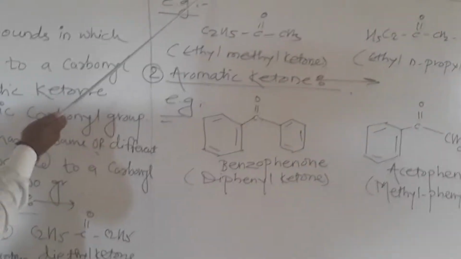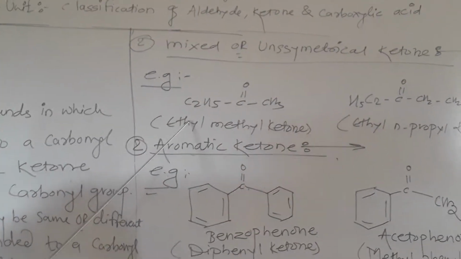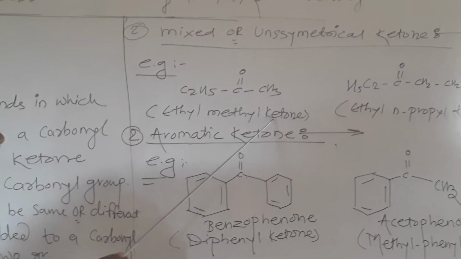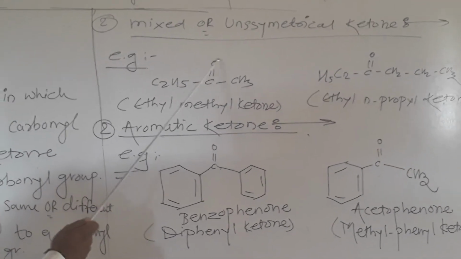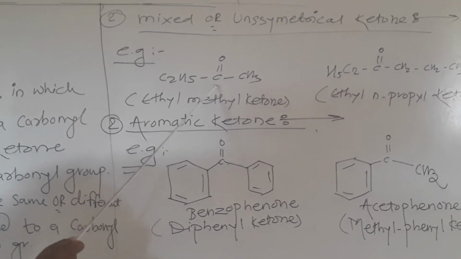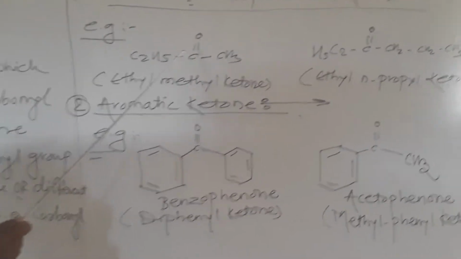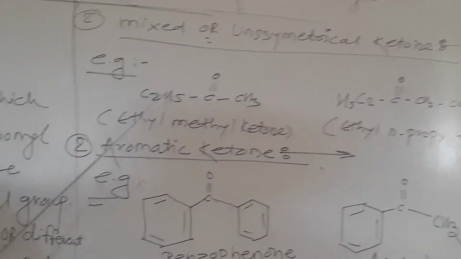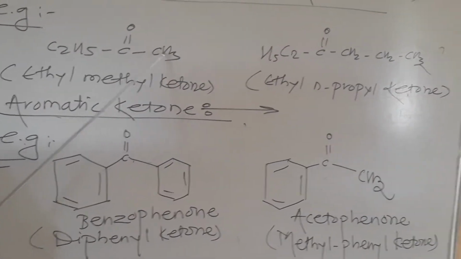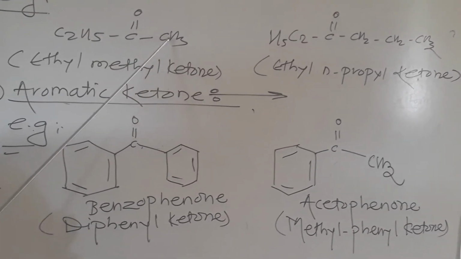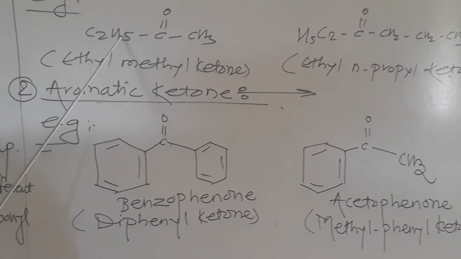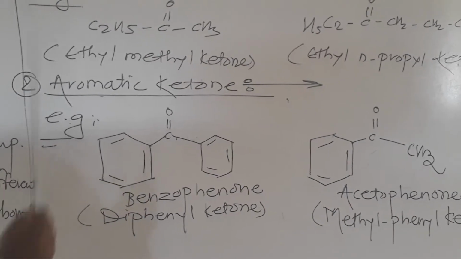An example of this type of ketone is ethyl methyl ketone, where this carbonyl group contains one ethyl group and one methyl group. Both alkyl groups are different, and that is why this is a mixed or unsymmetrical ketone.